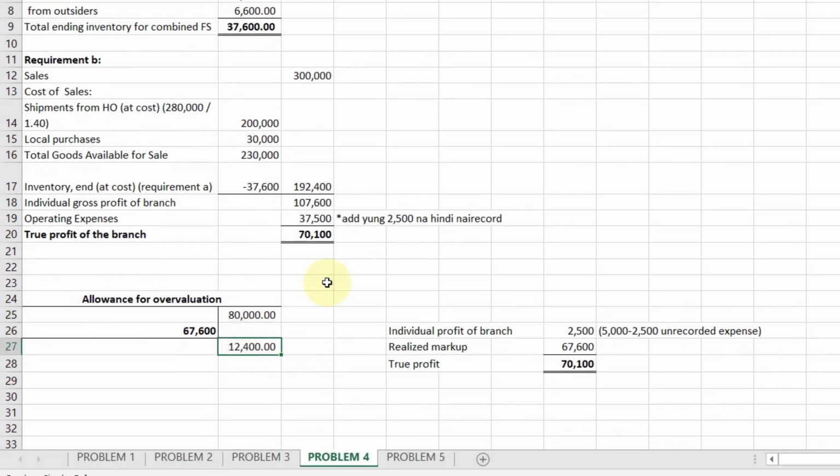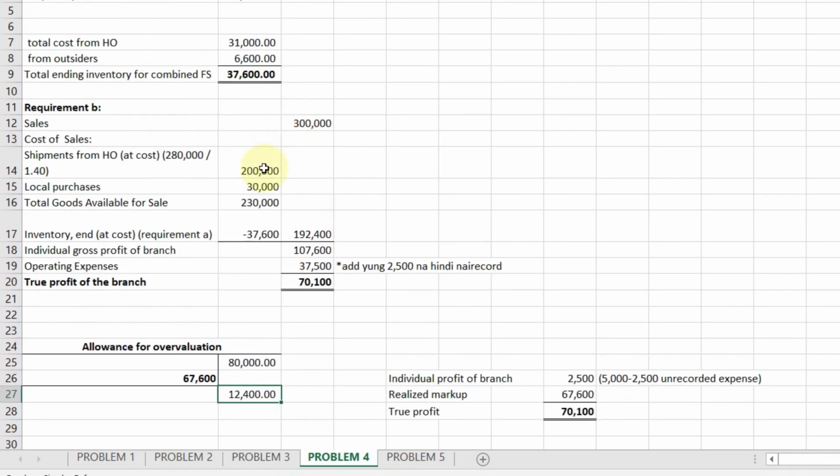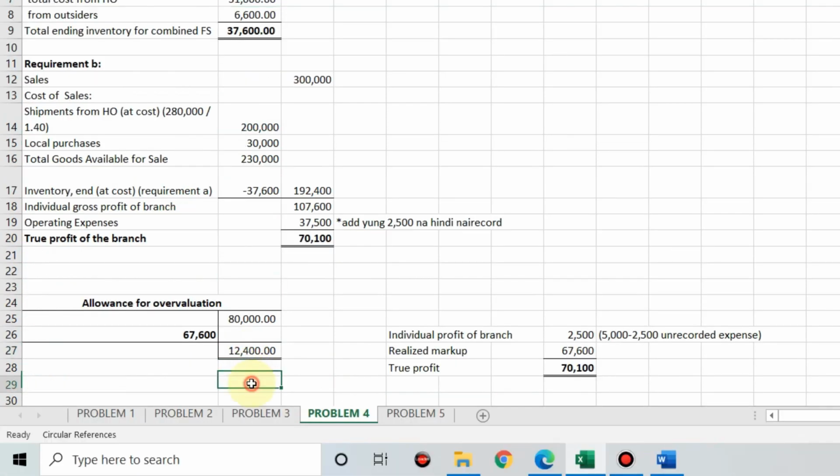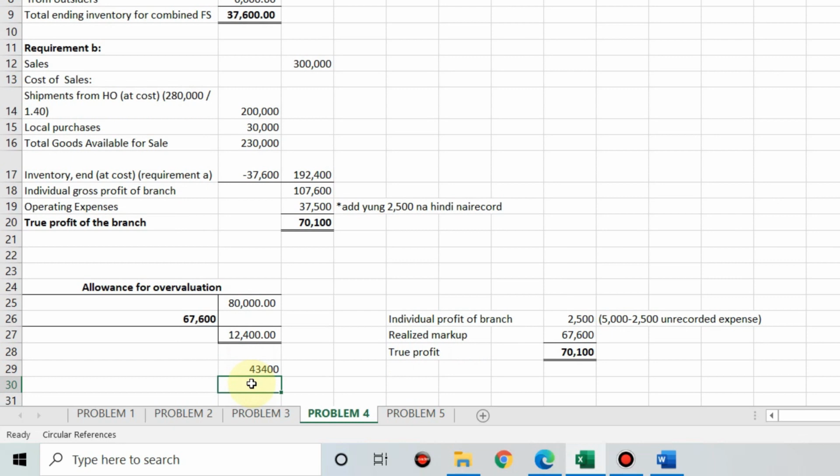Okay, paano ginawa? You just get dito sa una nating given, okay, total cost from HO na ending inventory. Okay? Sige, gawin natin. Nung kinompute mo, yung 50,000 minus yung galing sa labas, is 43,400. Then, na-compute mo, nung tinanggal mo yung markup is at 31,000.